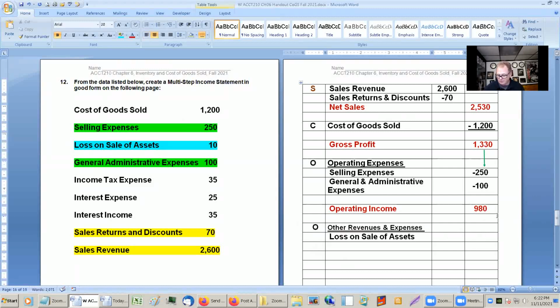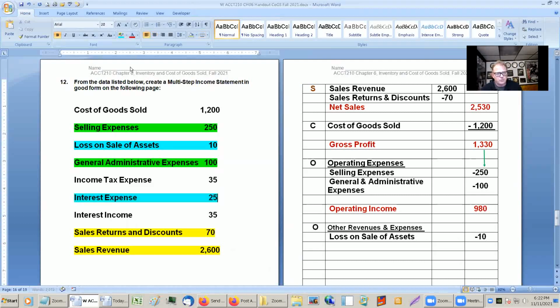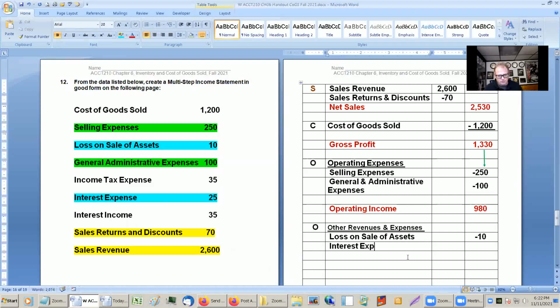I'm just going to put them right over here. Minus 10. And interest expense and interest income, we'll see what both go on there. Interest expense, is it going to be positive or negative?